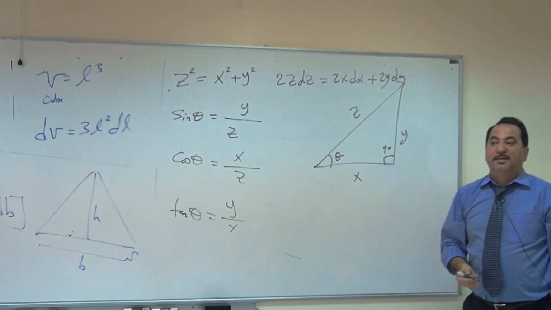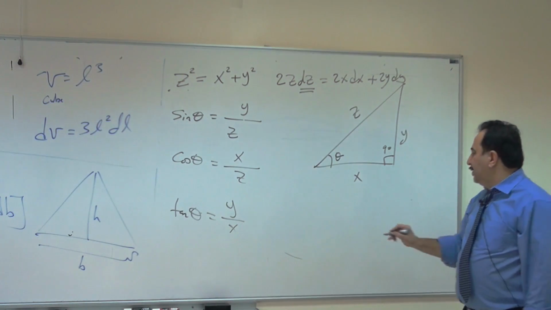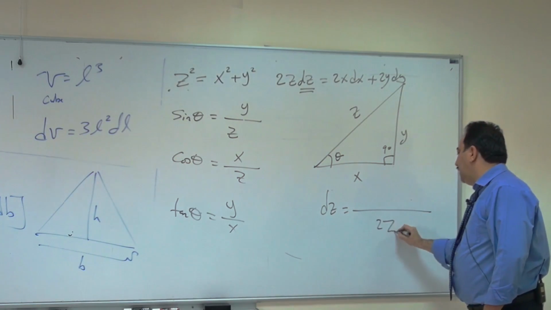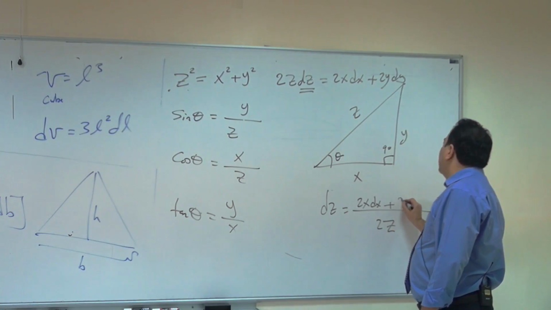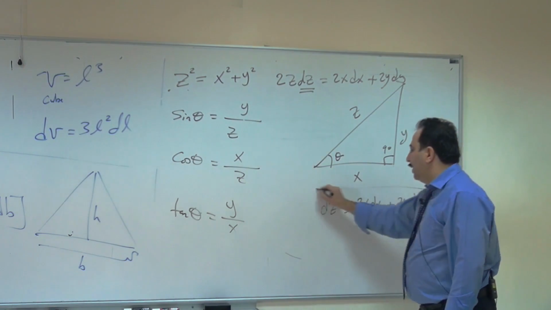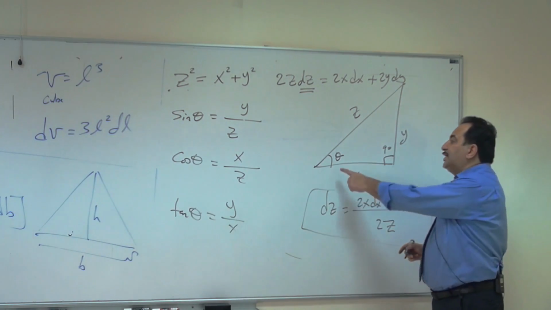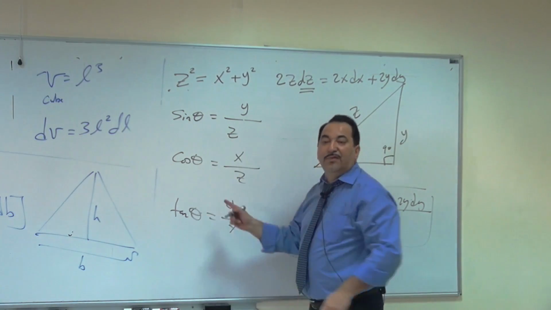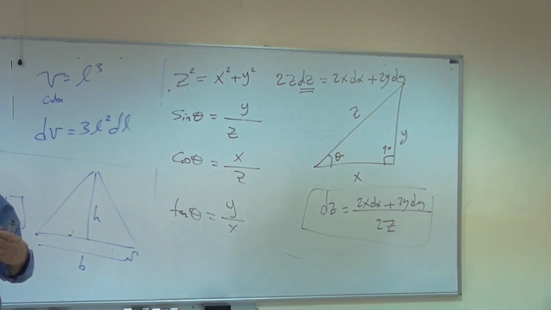Okay, where is the answer? I want dz only. So dz equals (2x dx plus 2y dy) over 2z. This is the uncertainty in the hypotenuse. Of course, you can find the uncertainty in the angle theta, but you have to remember derivatives of trigonometric functions, sine, cosine, tan, yeah?